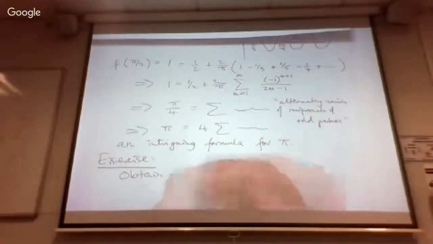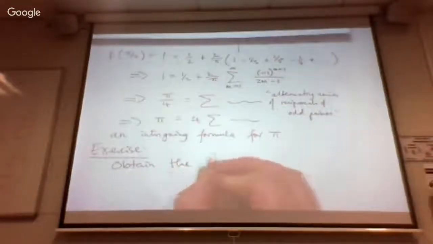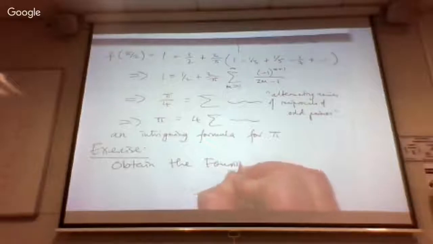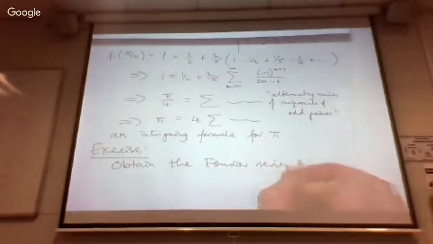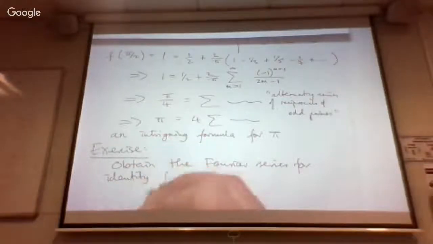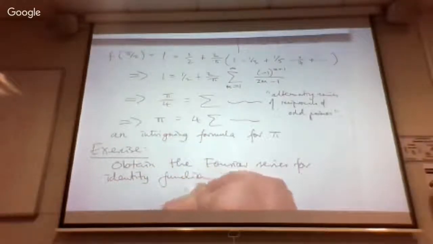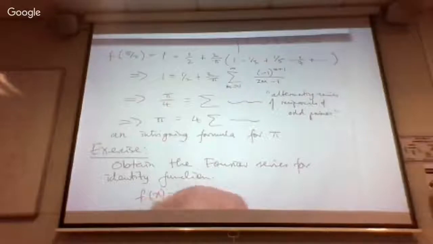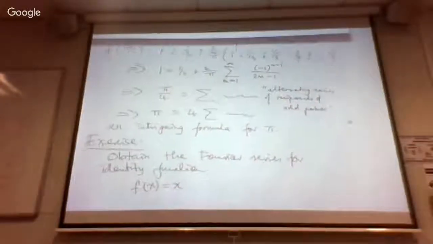So the next thing you should do is obtain a Fourier series for the identity function, i.e. the function f of x equals x. So not the square wave function.